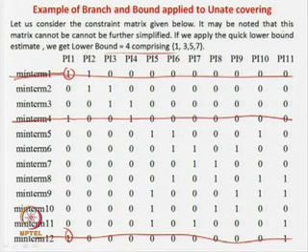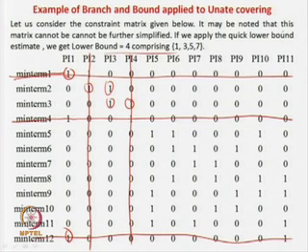PI2 has a 1 and PI3 has 2 ones in this place. Similarly for PI4, there are no other ones in this column. So PI3 dominates PI2 and PI4, and by that rule these two columns get eliminated.